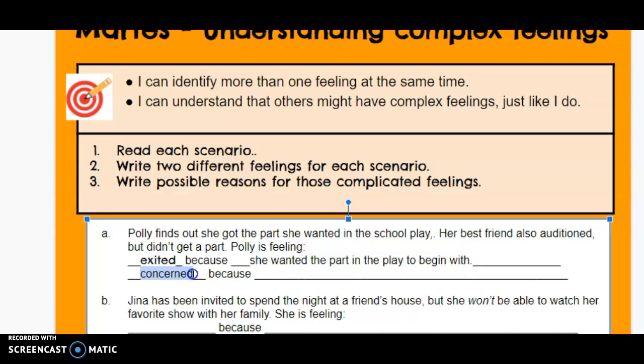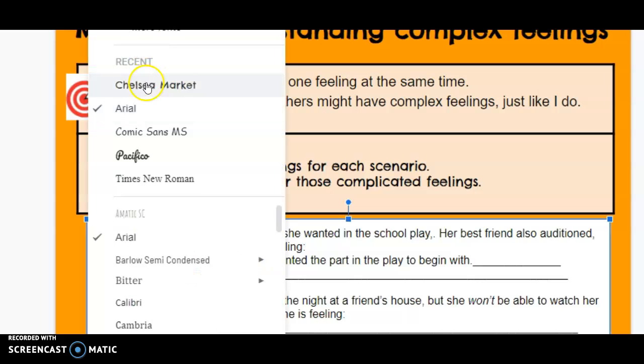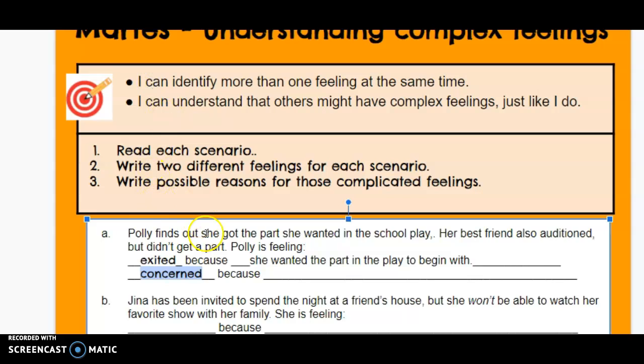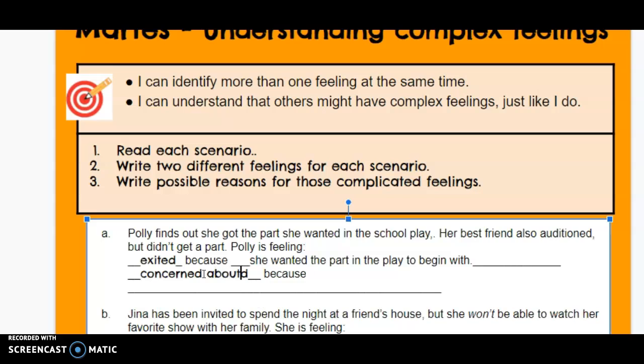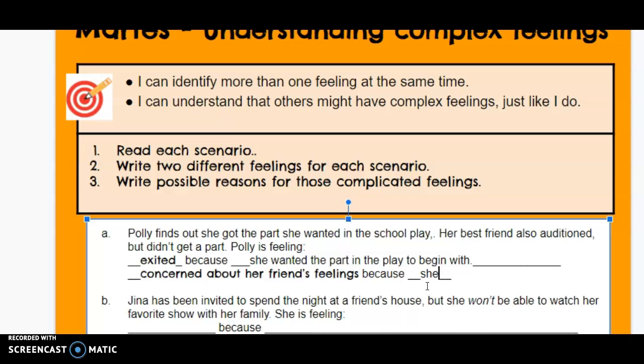She also feels concerned about her friend's feelings, because she didn't get the part.